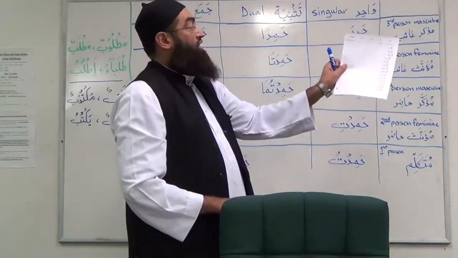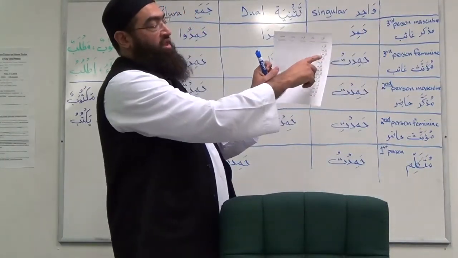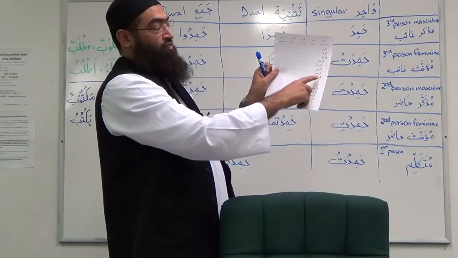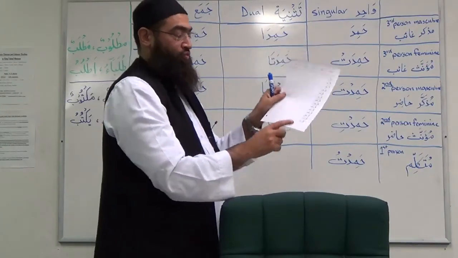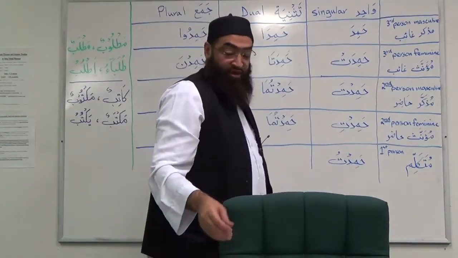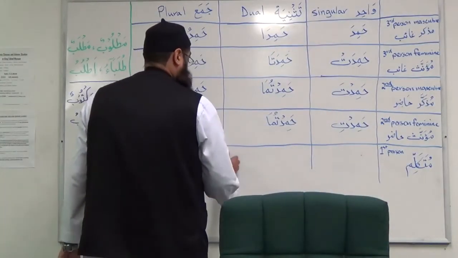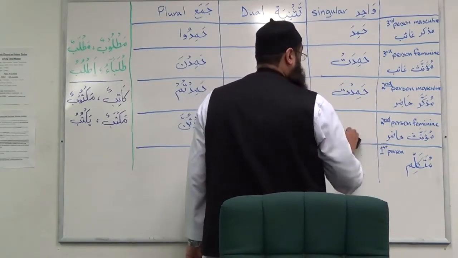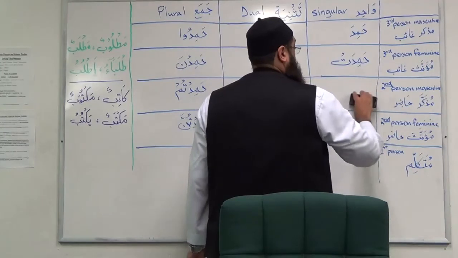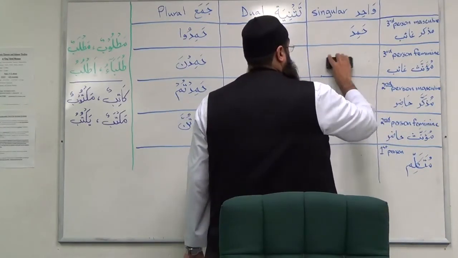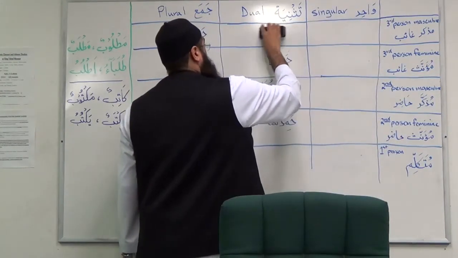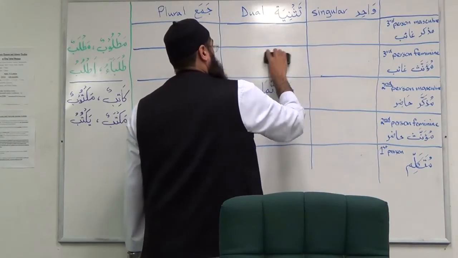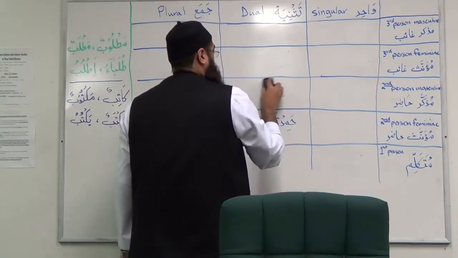So this one has karuma, karumu, karumat, karumata, karumna, karumta, karumtuma, karumtum, karumti, karumtuma, karumtunna, karumtu, karumna. The ain kalima in these types of words has a dhamma on it. Some words in the Quran, like ba'uda, to be far, and qaruba, to be close, are words that Allah uses with dhamma on the ain kalima, the second letter.